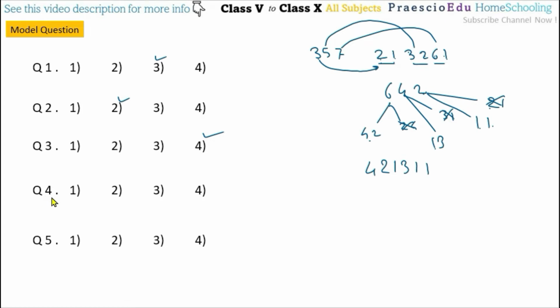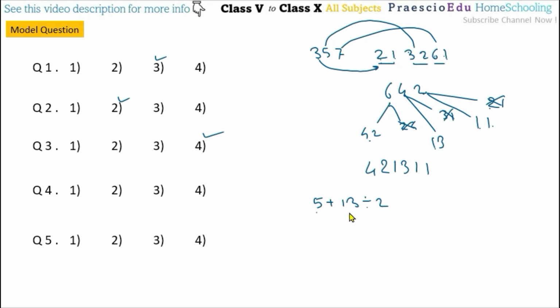Then question number 4: In a code the consecutive numbers are indicated respectively by consecutive prime numbers, which means they come sequentially, one by one, 1, 2, 3, 4. Then how will you solve the expression 5 plus 13 by 2? We have to replace these numbers with the prime numbers consecutively.